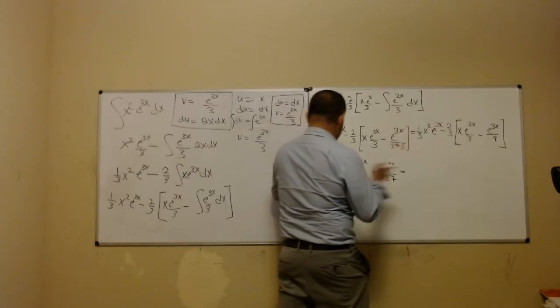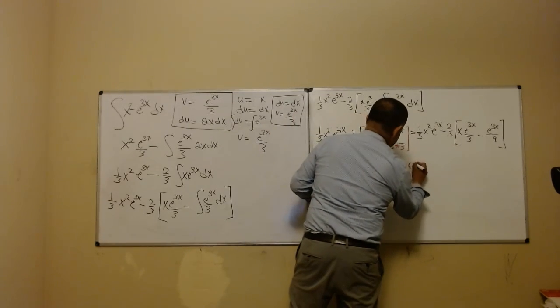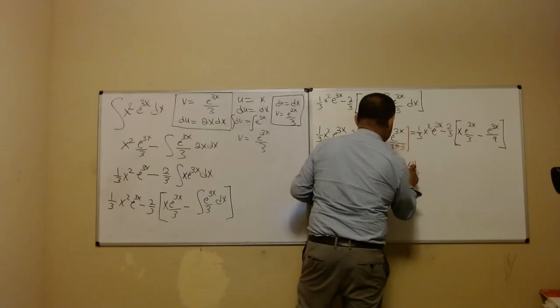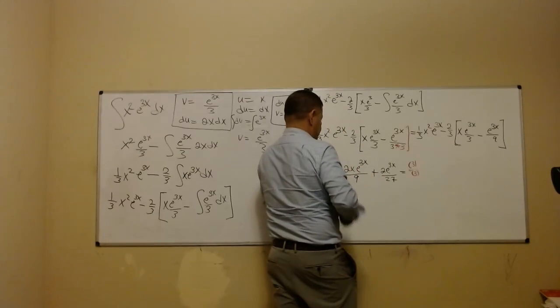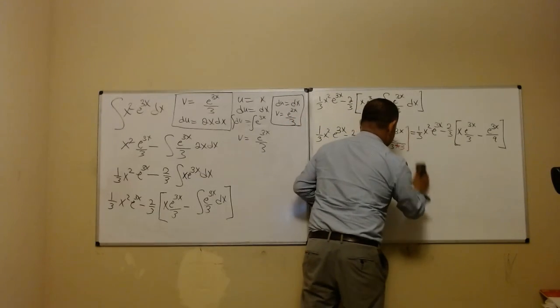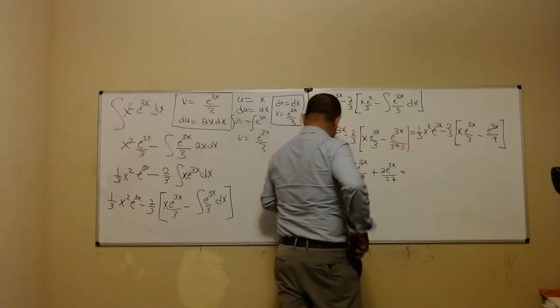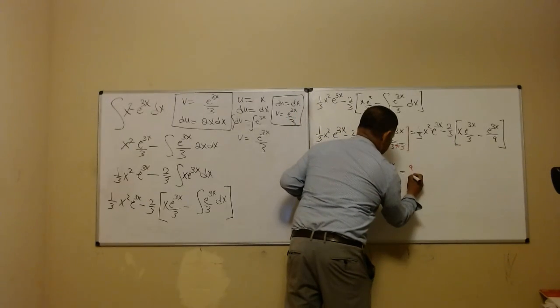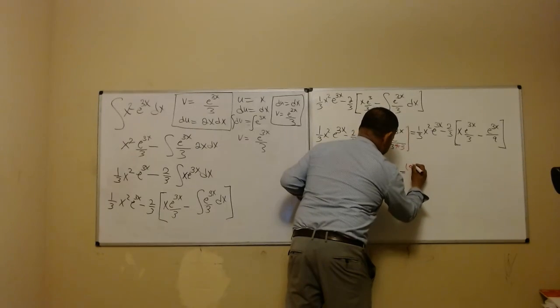We will multiply that 3, right? And then 3, right? I'm sorry, there's going to be 9 here. So it's 9, right?